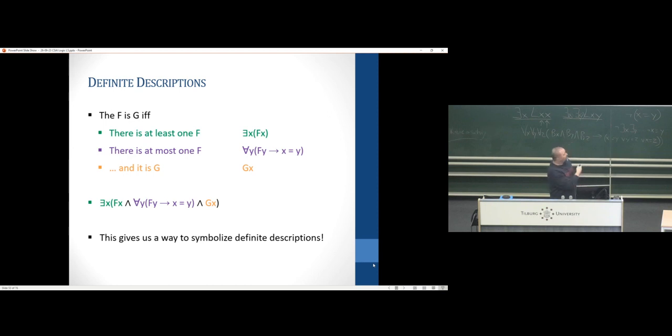And whatever it is we're talking about, it's also a G. So this gives us how to express "the F is G". We've got the existential in the front attached to whatever predicate we're talking about, conjunction, and then a universal with this conditional to tell us whatever it is, it's identical to our x. And then finally, that our x is also a G, whatever the G predicate happens to be.